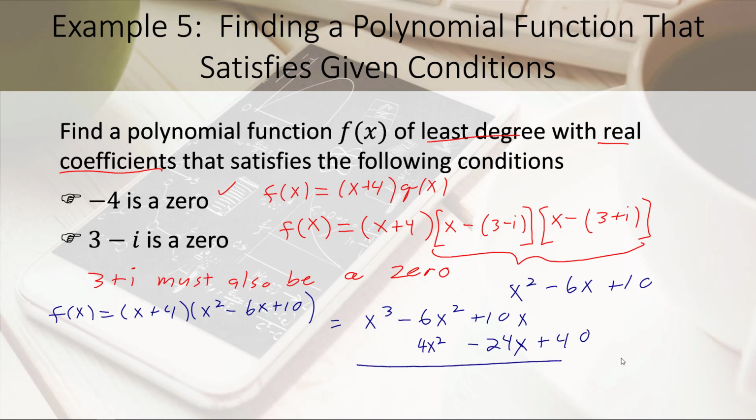Now I can add all this up vertically. I'm going to have x cubed, and then here negative 6 plus 4 is going to be negative 2x squared, minus 14x plus 40. And this right here is f of x in standard form.